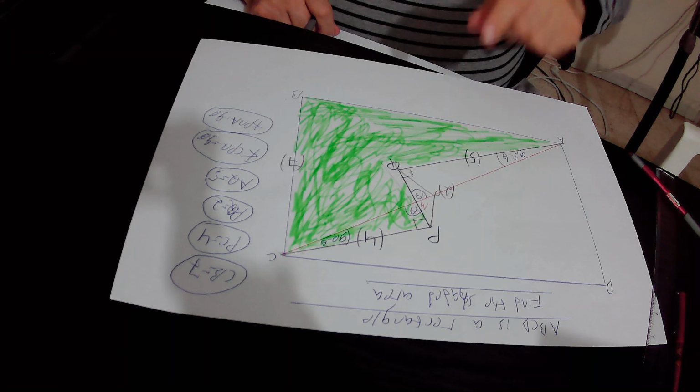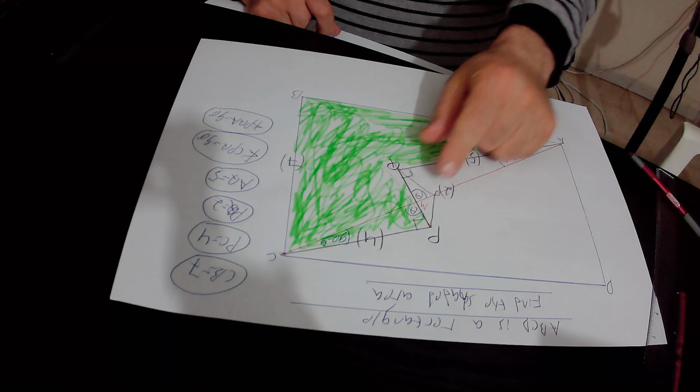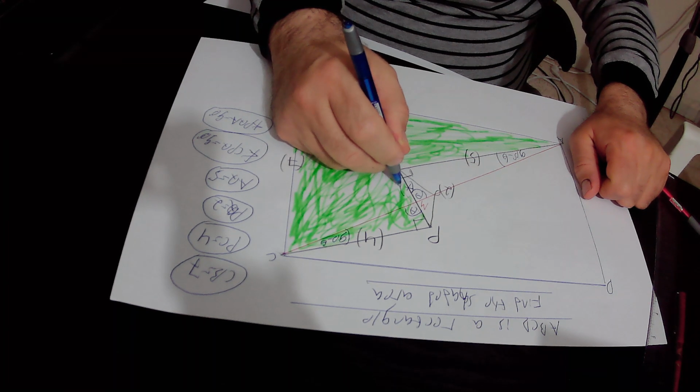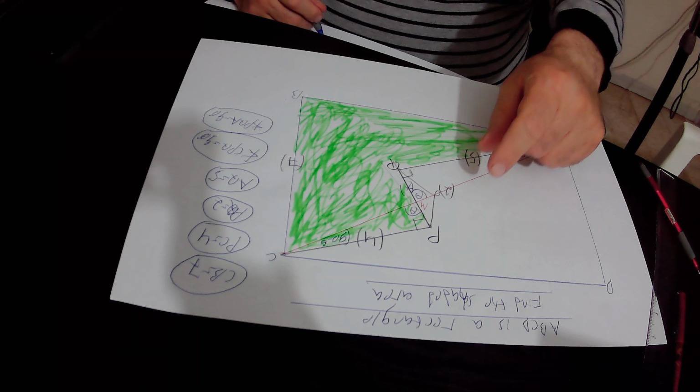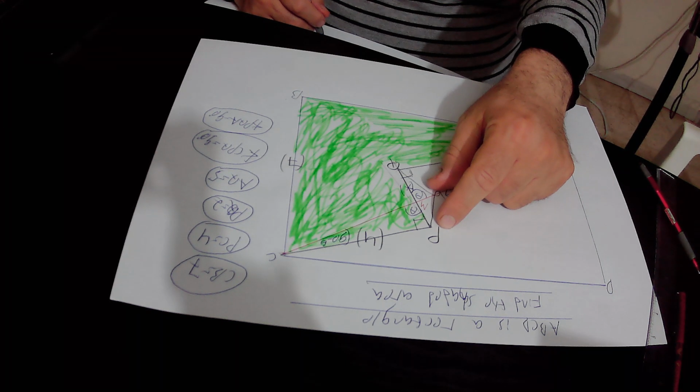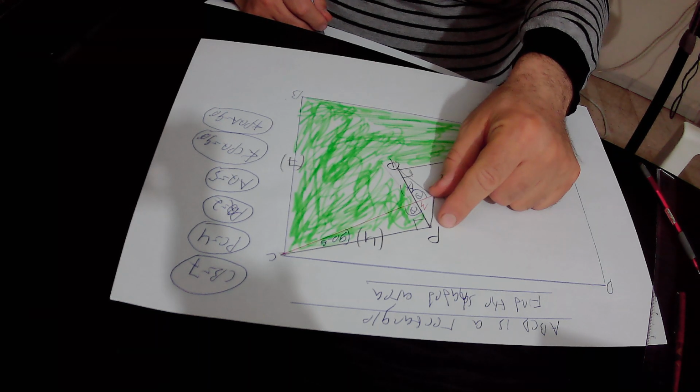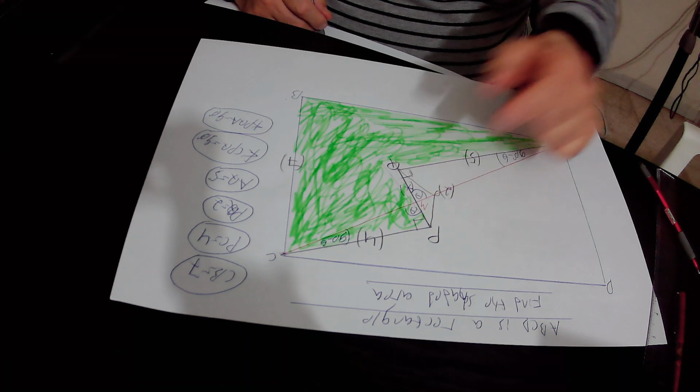So if we define the length of line segment MQ as x, then PM must be equal to PQ minus MQ.